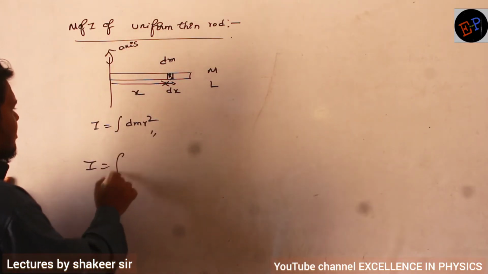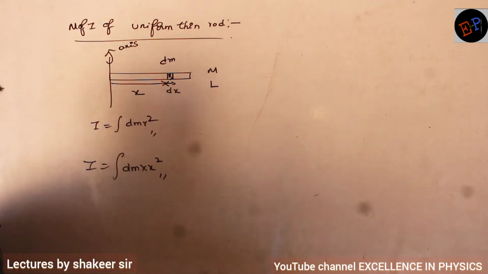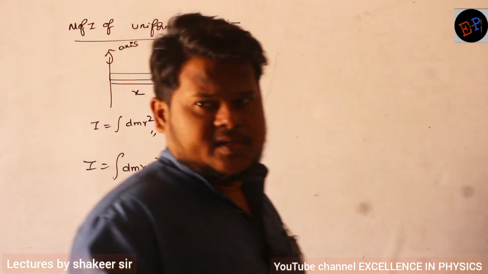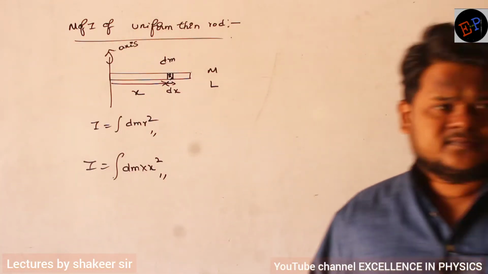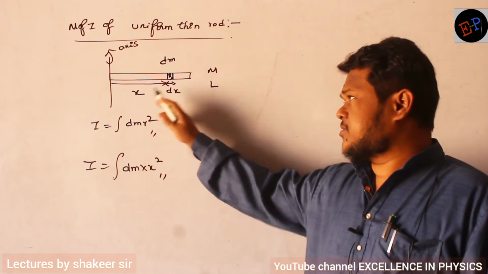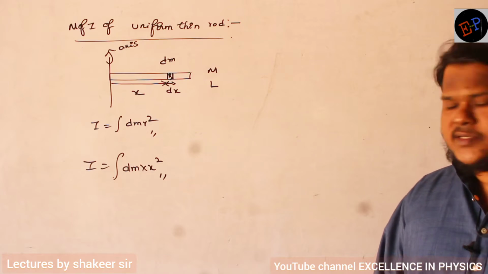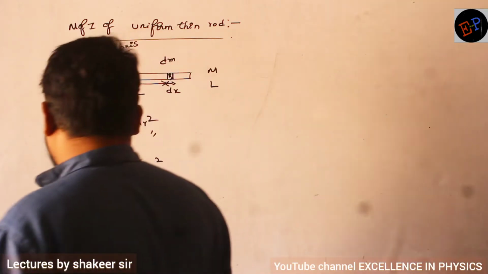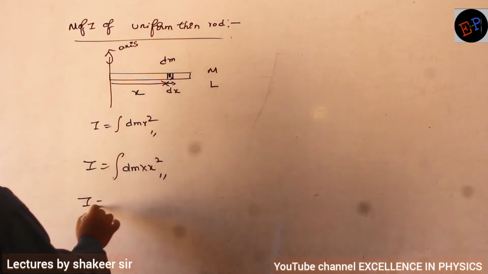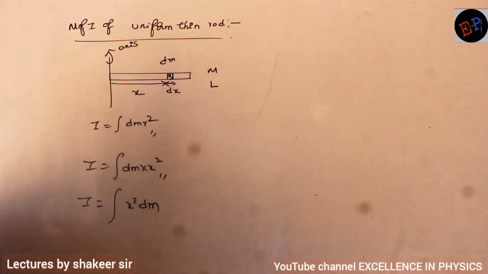I is equal to integration of dm multiplied by x square. That's all. For a point mass, the moment of inertia is mr square only, no? What is the mass of this body? dm. What is the distance of that body? x square. Are you able to understand? So what I got here is I is equal to integration of x square into dm. This is the answer which I got.